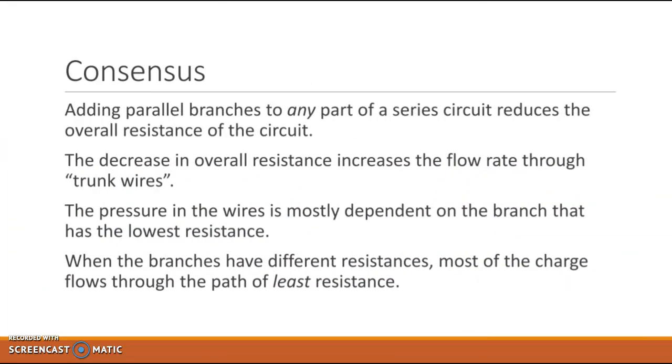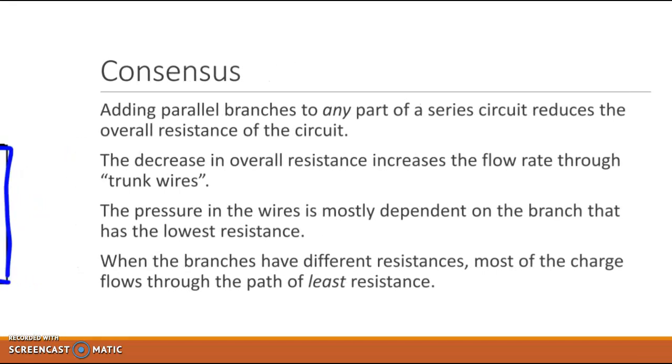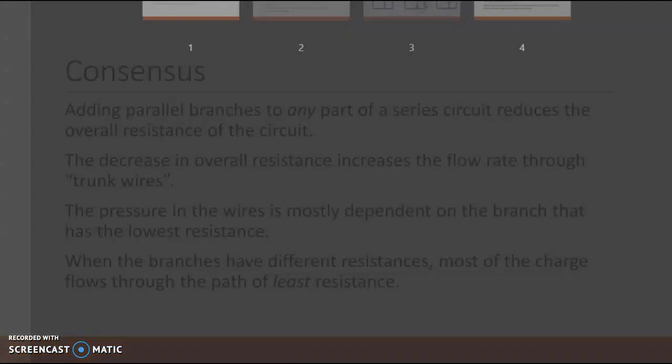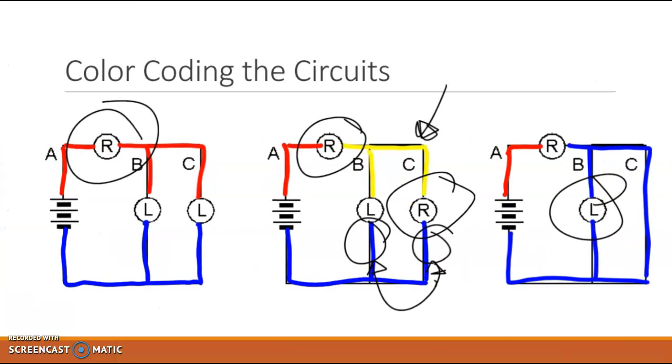The last point that I want you to make is that when the branches have different resistances, most of the charge does flow through the path of least resistance. Even though we do see that there is the same pressure difference across the long and the round bulb in circuit 2, there is more flow through the round bulb.